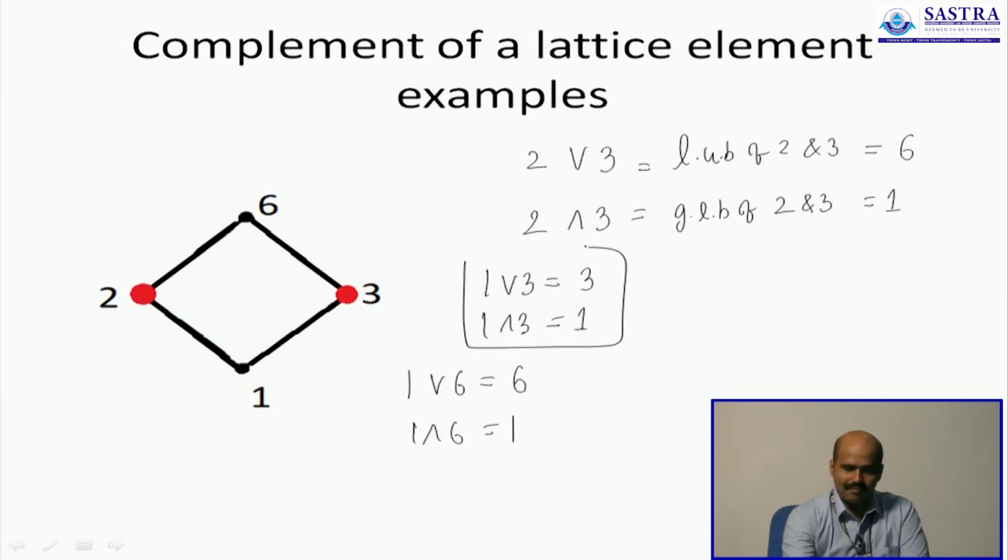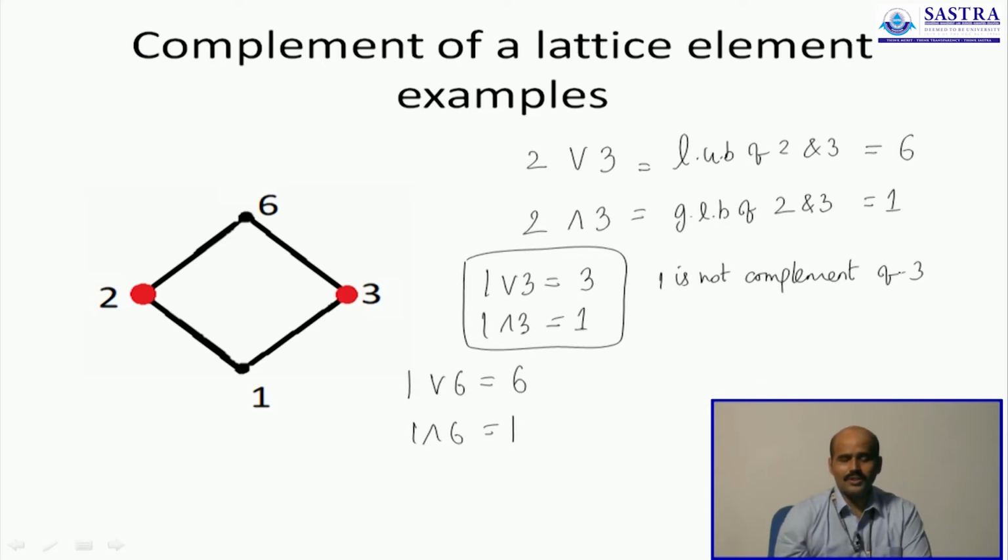And because of this, 1 is not the complement of 3, because the join of 1 and 3, the least upper bound, is 3. Because it's a lattice, 3 will obviously be the least upper bound and it's part of the set. But that's not the greatest element. 6 is in fact the greatest element and 1 is the least element.